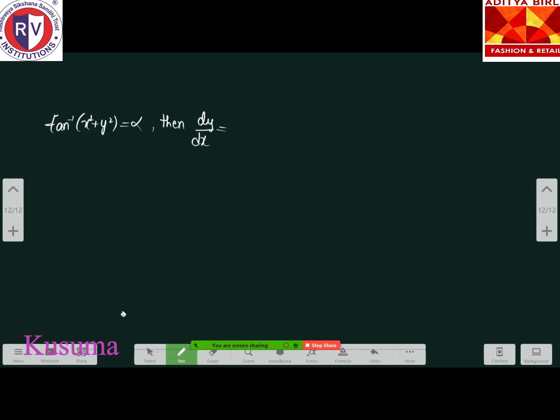The options are, option A is minus x by y, option B is xy, option C is x by y, and option D is minus xy.